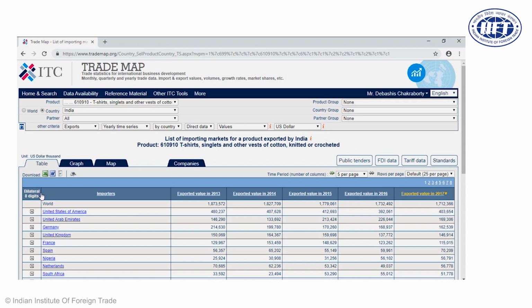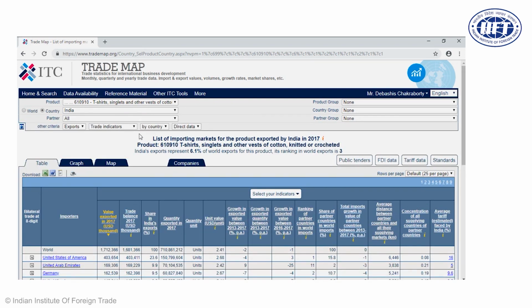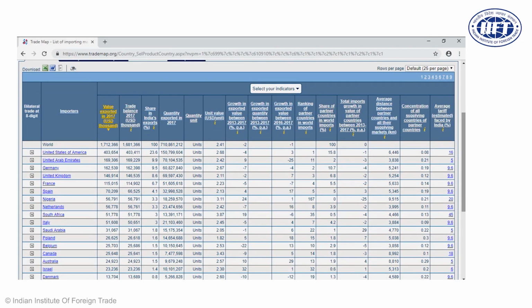Now, what we want to know is which market India should be exporting to. For that, we come to trade indicators. If we select trade indicator from the drop-down menu of the data type, then we get a number of entries. First, it shows the raw data and a couple of share and growth rates we observe.